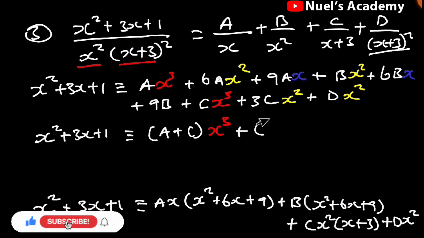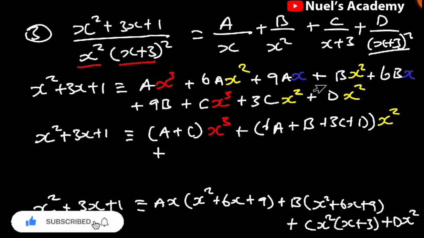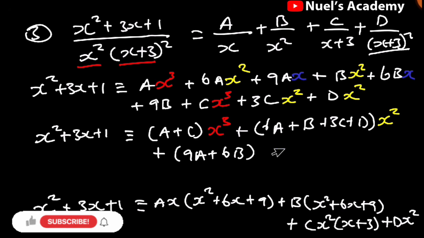So this is going to be equals to (6A plus B plus 3C plus D) x squared, plus, now our x is only 2, (9A plus 6B) x, then plus 9B, the constants.